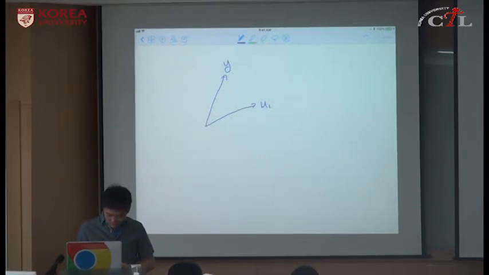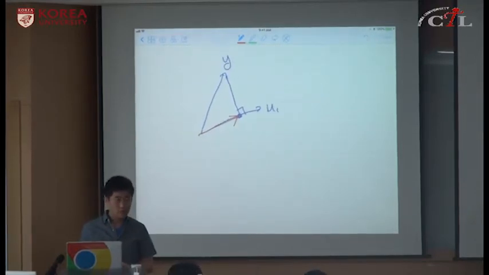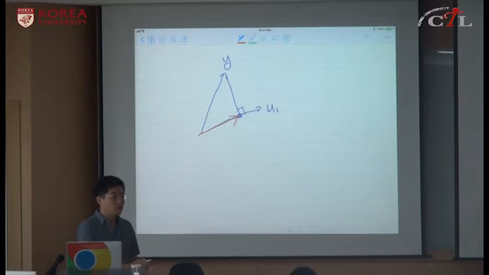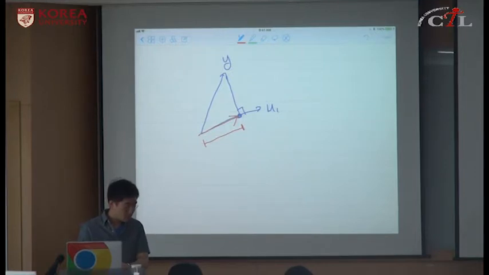We want to obtain this vector. In order to represent or obtain that red vector, let's think of the vector length and the direction. What is the length of this vector?